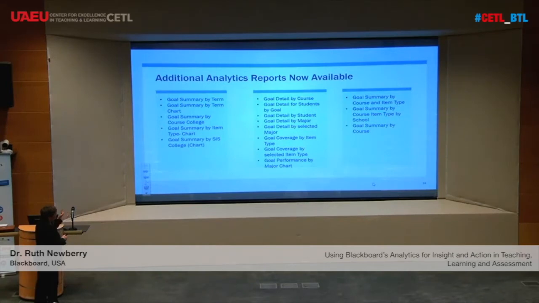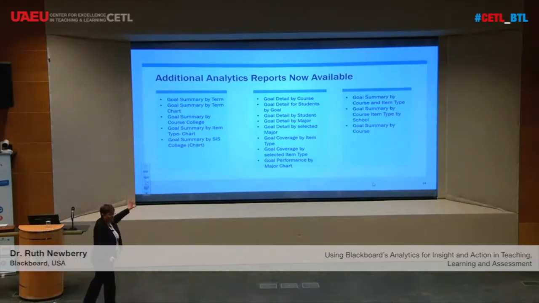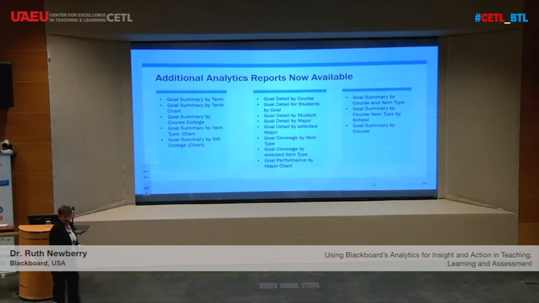Additionally, once people start using goals, they want a lot more information, and so these are the reports when we ask, what else would you like to know? This is now also readily available.